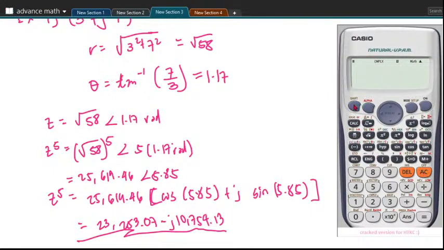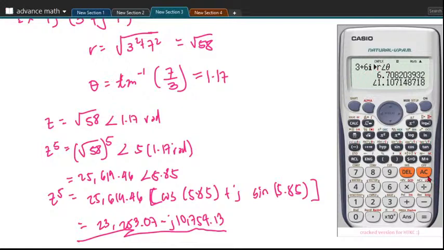Shift mode, then go to complex, which is 2. Then you input your rectangular form, 3 plus 6i. Then shift complex, which is 2, then 3, and press equals. This will now be the polar form of our given rectangular form.